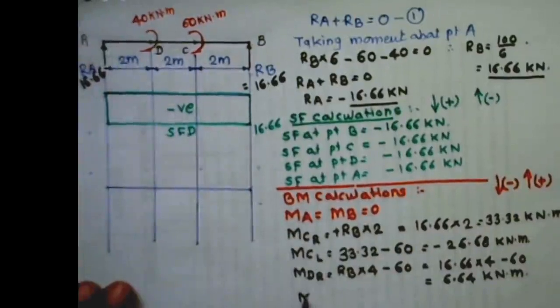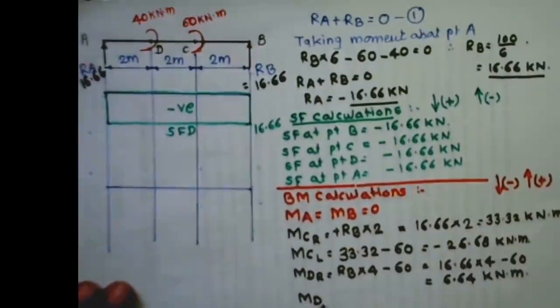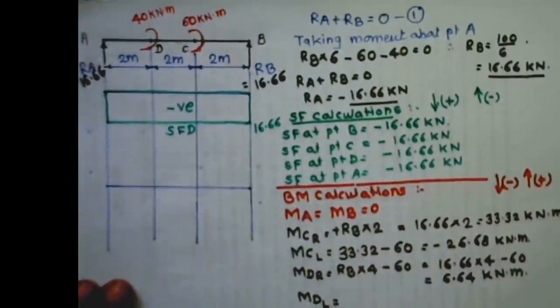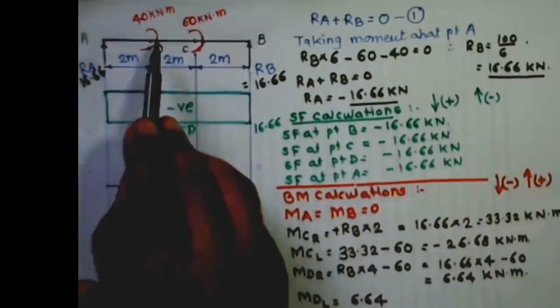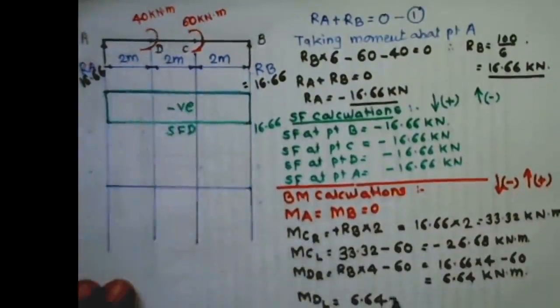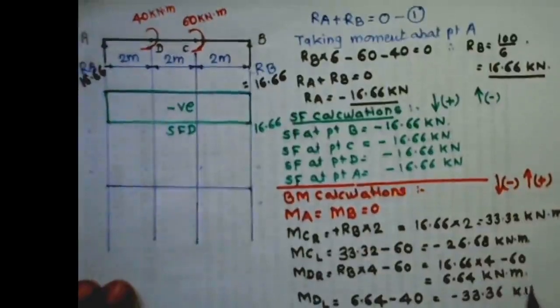Now again at point D itself, a moment of 40 kilonewton meter is acting in the clockwise direction. So here we have to write the moment at point D just at the left side. In that case, 6.64, it is acting in clockwise, so minus 40, so it becomes minus 33.36 kilonewton meter.